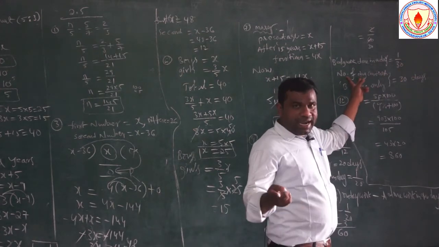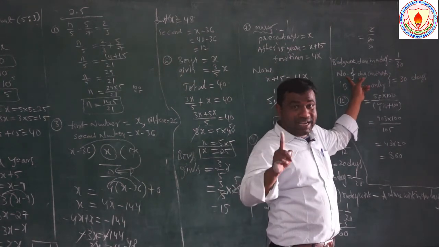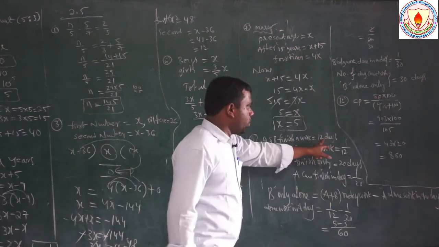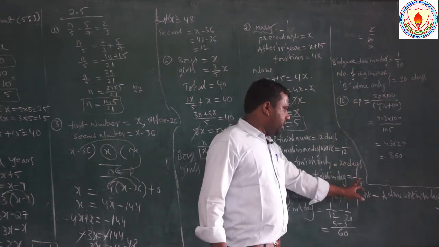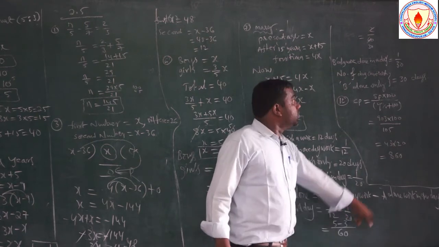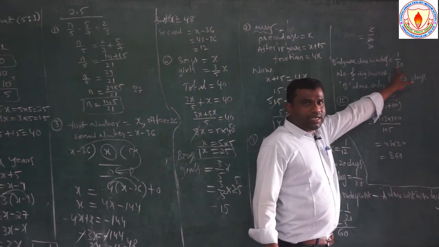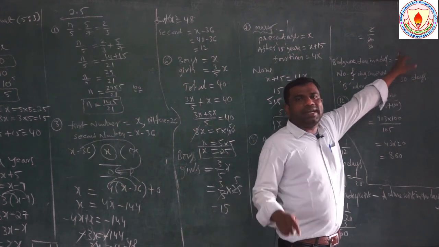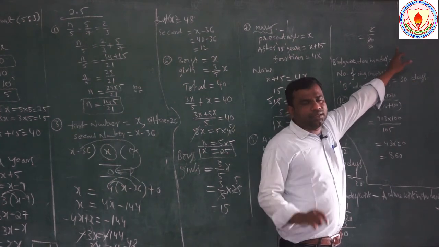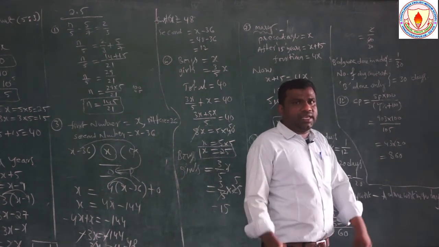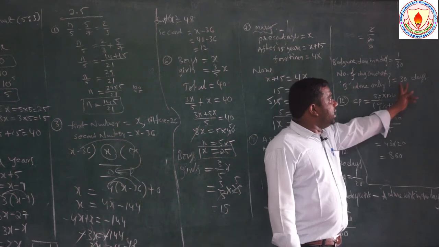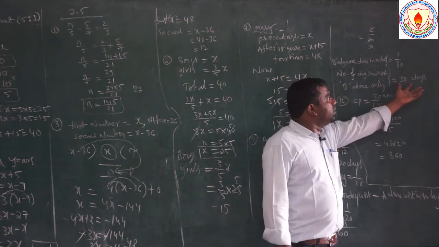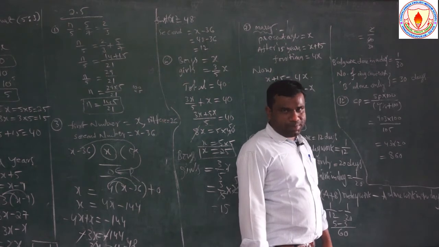Out of 30 parts, he does only 1 part per day. How many days does he need? 30 days. So B alone completes it in 30 days.